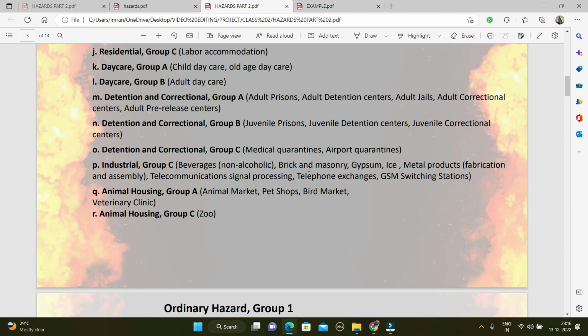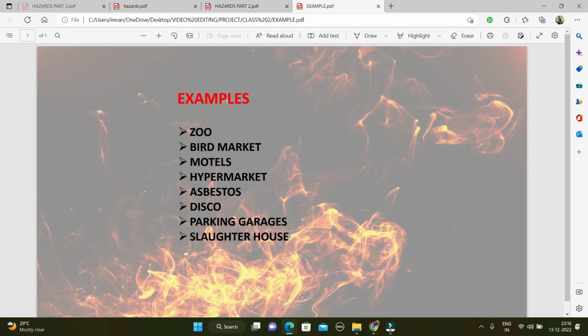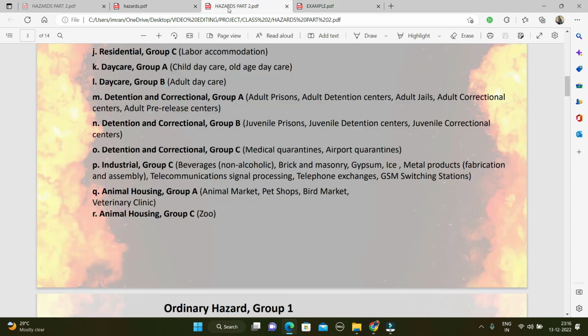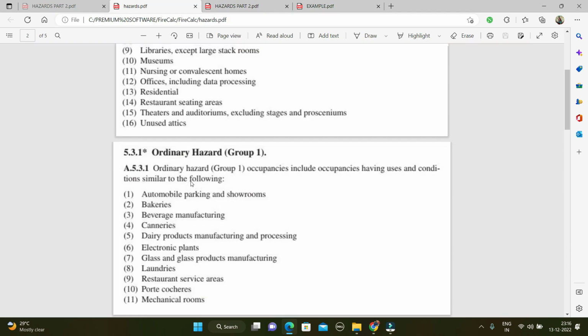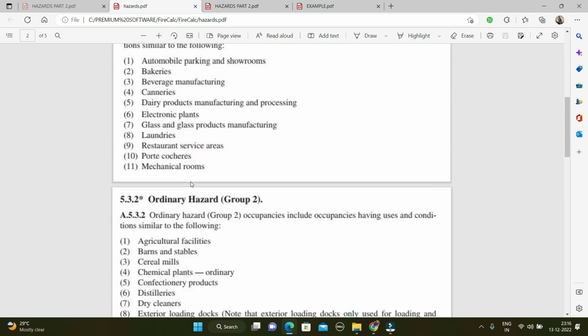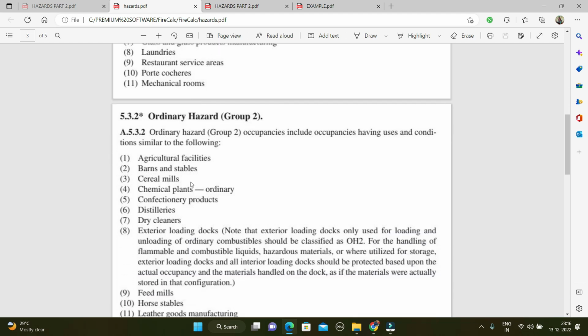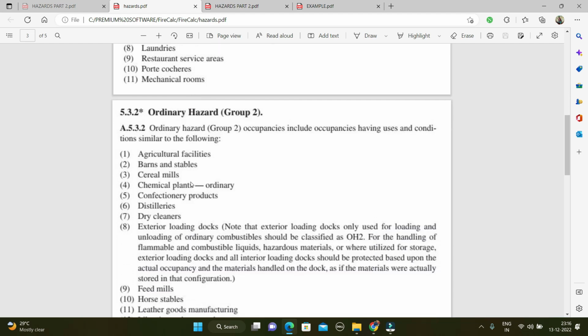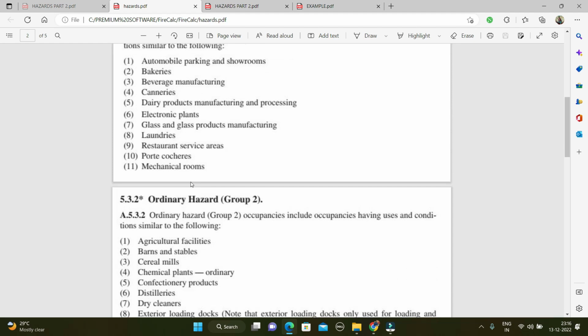And industrial, like low rate flammable or combustible materials such as brick and masonry work or gypsum. Animal housing like animal market, bird market. See, I already said that if we are going to select a bird market, where will we go? Here in NFPA 13, but NFPA 13 does not mention it, so how will we select for bird markets?